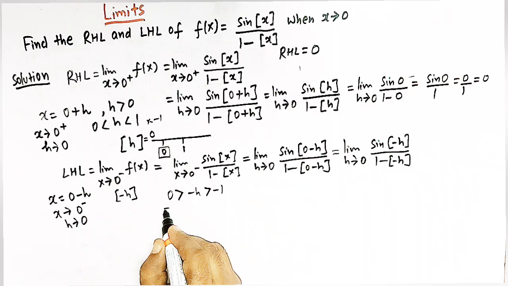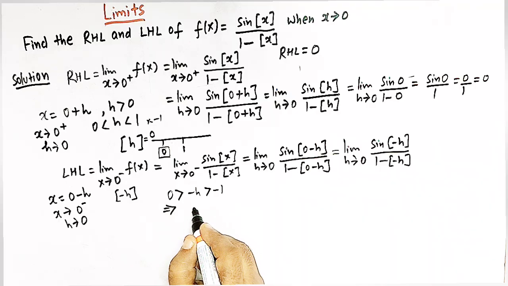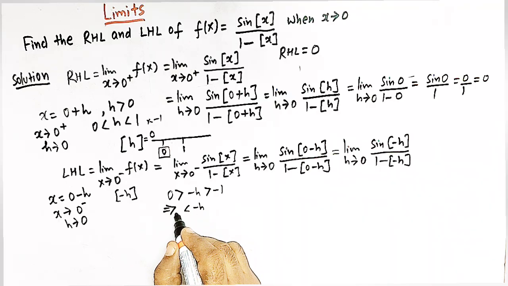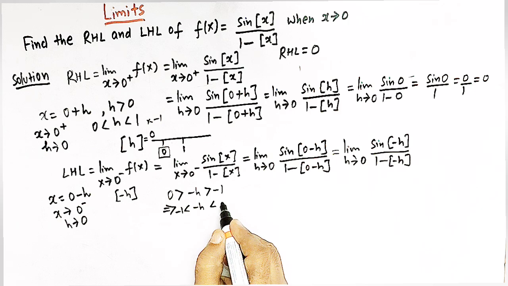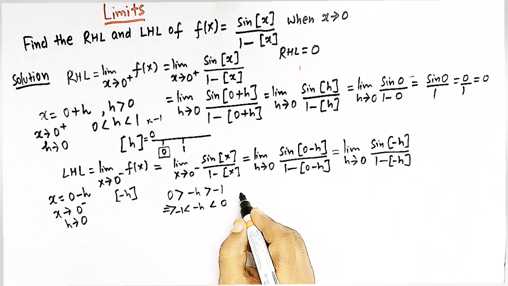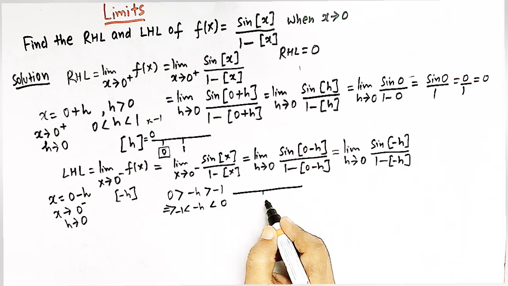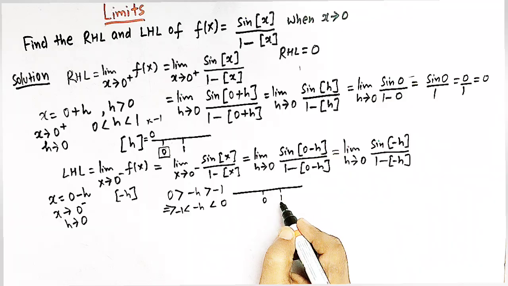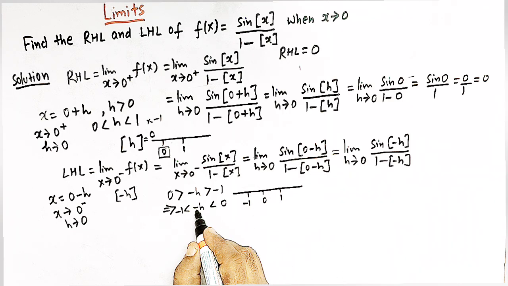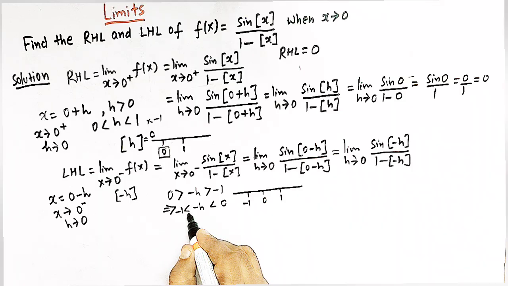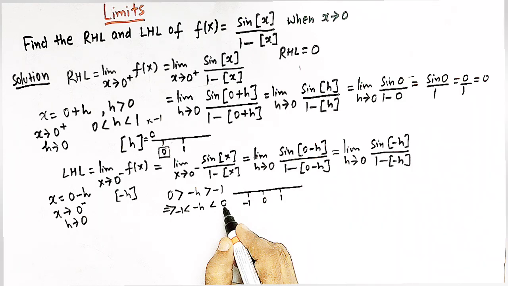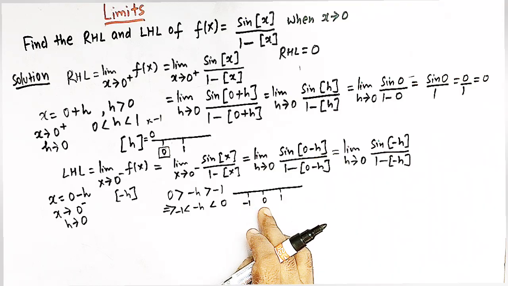So we can write this as minus h is greater than minus 1 but less than 0. So negative h lies between minus 1 and 0.